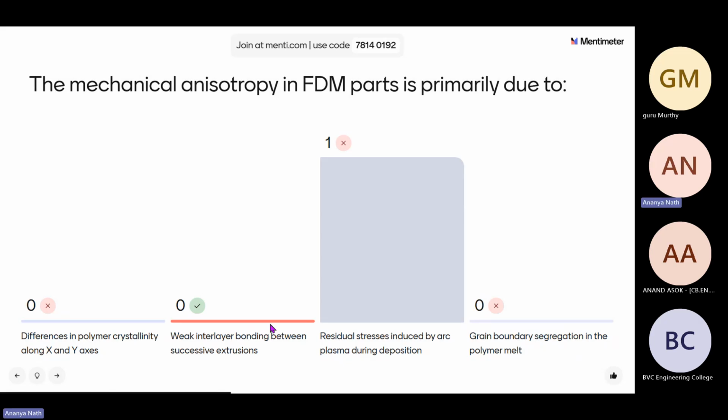Weak interlayer bonding between the successive extrusions is mainly due to the mechanical anisotropy. Residual stress is not that much. FDM is a tricky question basically. FDM means material extrusion, where you put coils for heating in the nozzle and the wire gets melted into polymer. Remember? So FDM is not a wire process where you'll get the residual stress.